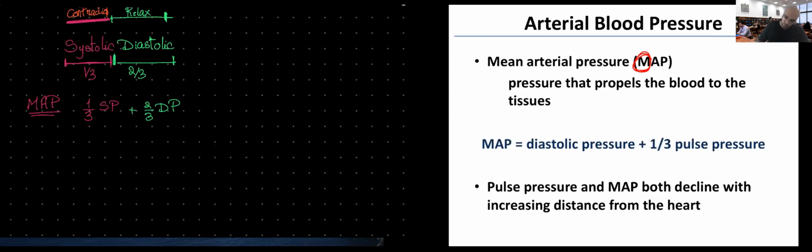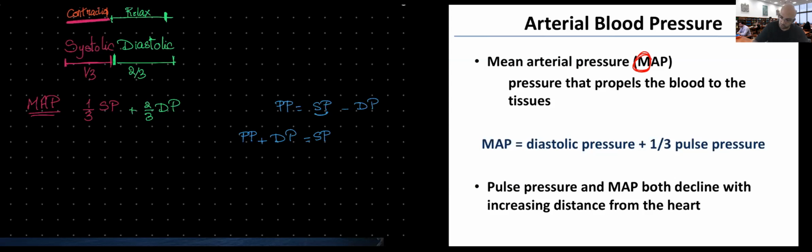If we're looking here, pulse pressure was equal to the difference between systolic and diastolic pressure. So what we're going to do, I want to check here. Systolic pressure is simply going to be the pulse pressure plus the diastolic pressure.